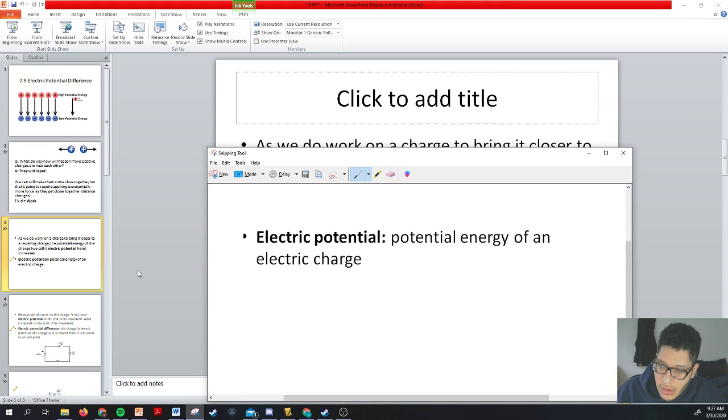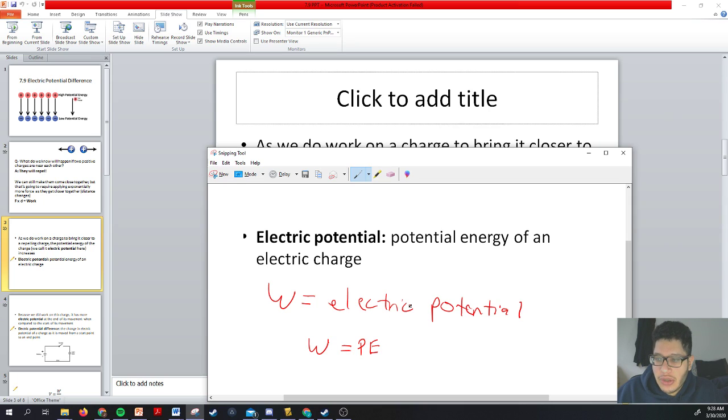So work is the same as electric potential. Which makes sense because back in the days of learning about potential and kinetic energy, we would say very often that work was equal to potential energy, that it was the same general idea.